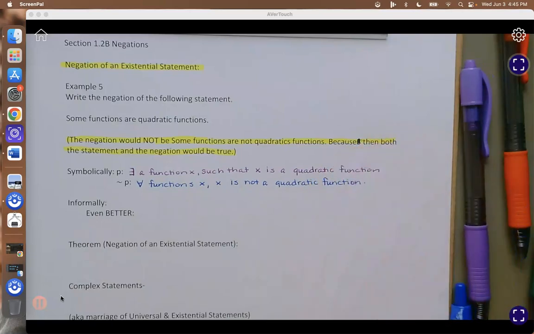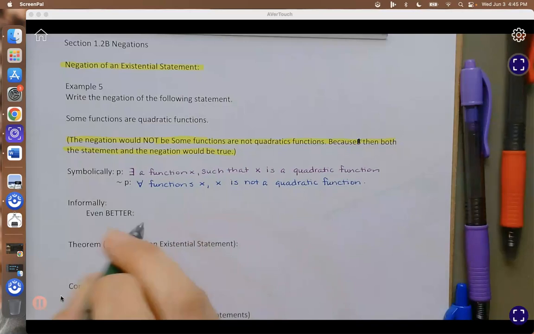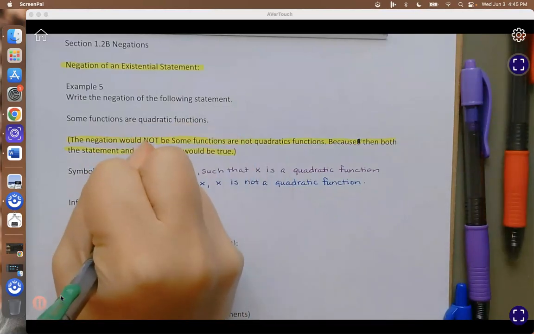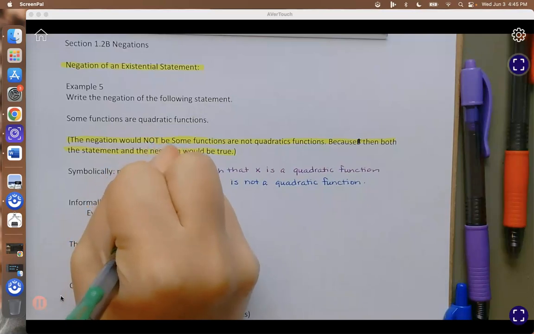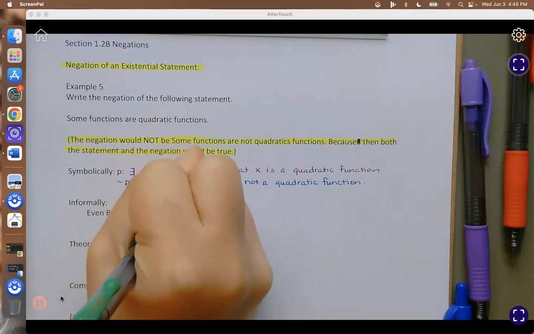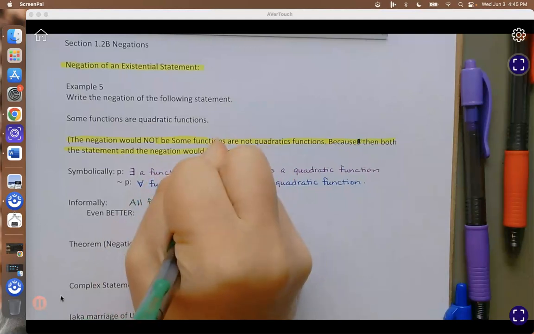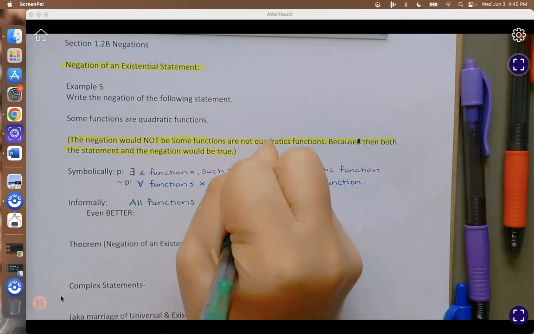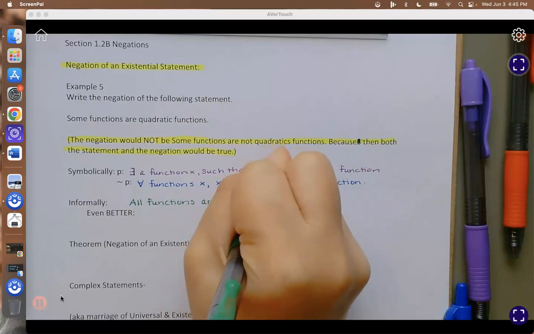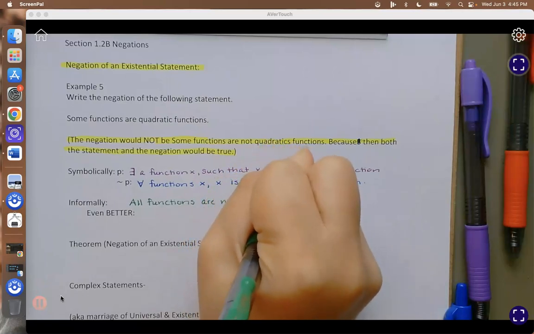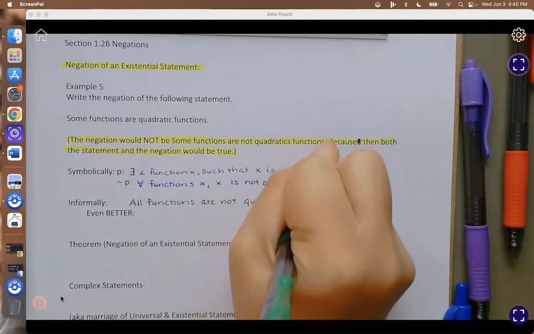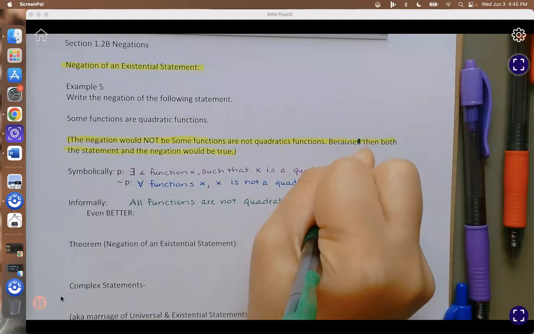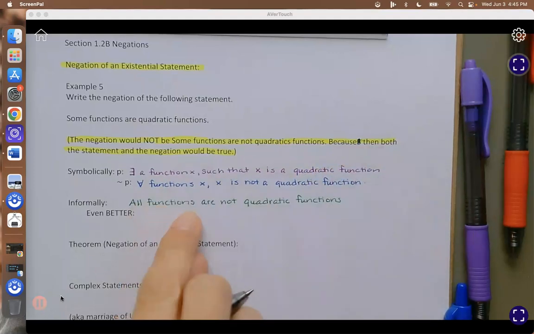In the informal one, you would say, for all functions, they are not quadratic functions. Okay, and that seems like a lot of words. All functions are not.